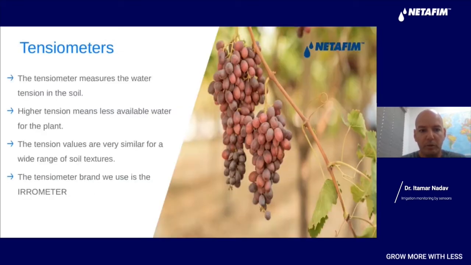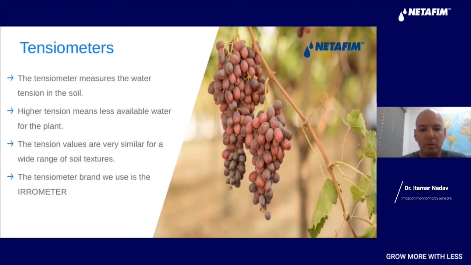So, tensiometers. A tensiometer measures the water tension in the soil, or water potential. Higher tension means less available water for the plants. And the tension, like I showed you in the retention curve, is very similar for a wide range of soil textures, which means that if we have a value of 30 centibars, which is around field capacity, it's the same for almost all the soils.